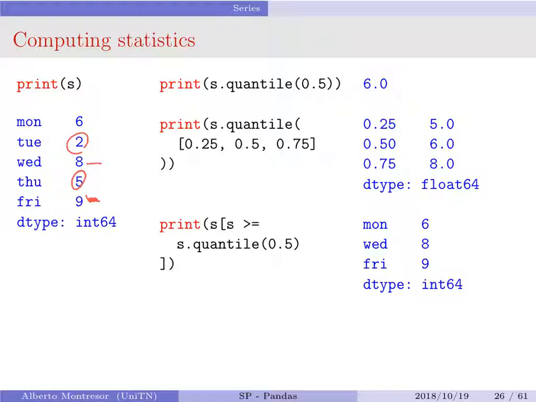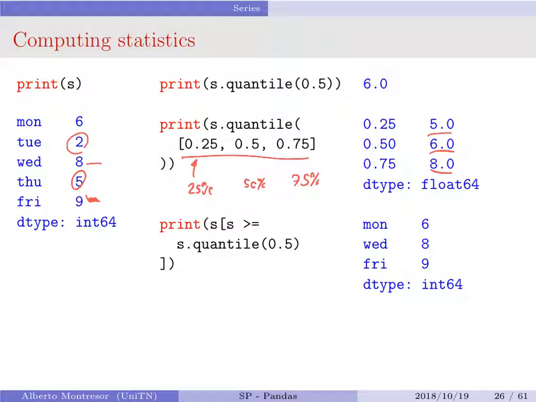But you can also get several of them, like the first quarter, the second quarter, the third quarter. So this means 25%, 50%, 75%, and you get the various values which are in that position. Okay, clearly with 5 values it is not so significant, but you can be interested in that.